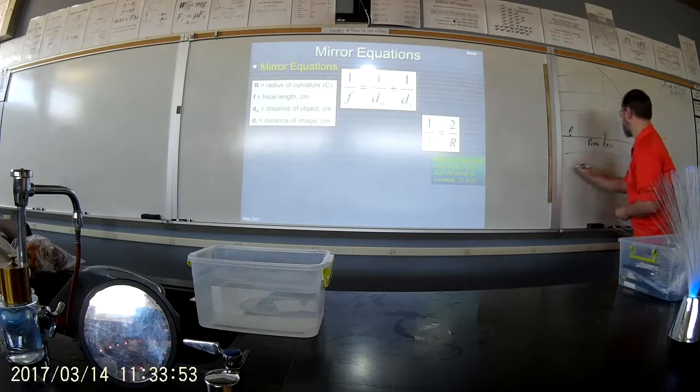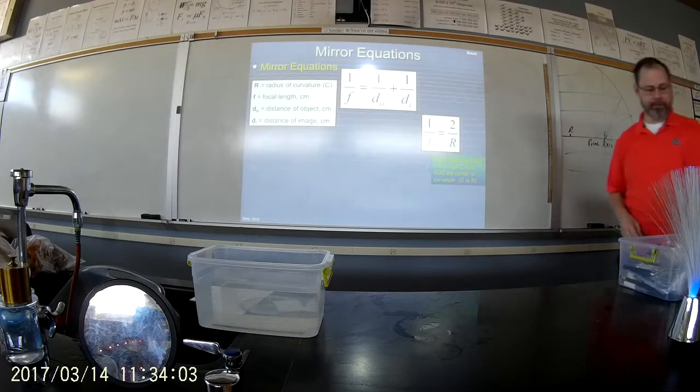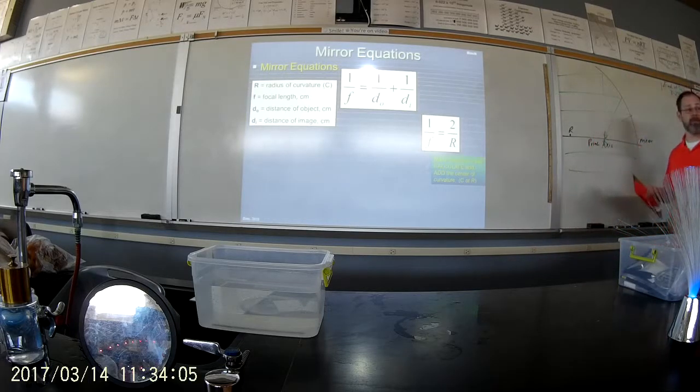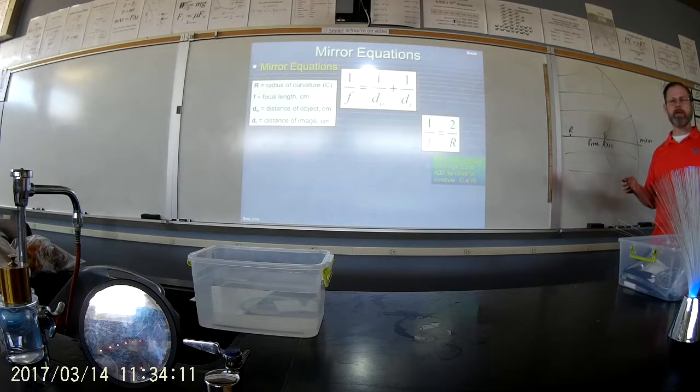Every ray that comes in parallel to this mirror goes through the focal point. Now, hopefully this makes sense because the law of reflection still applies. Remember the law of reflection from yesterday? What goes in comes out at the same angle. Angle of incidence and angle of reflection are the same. Okay.